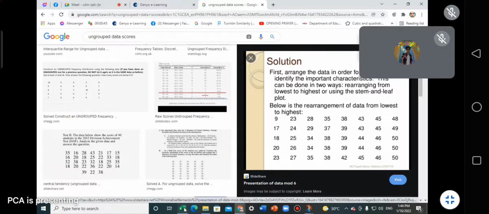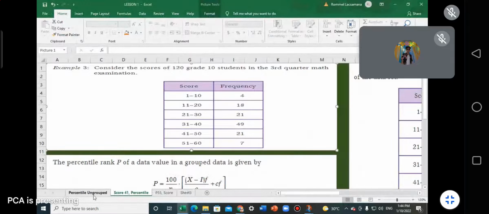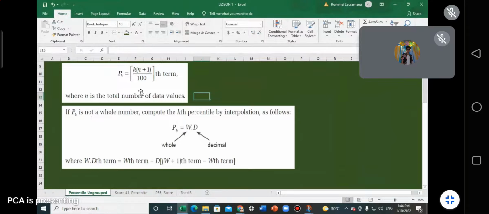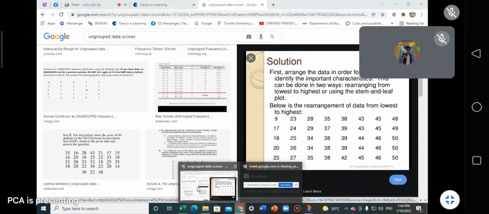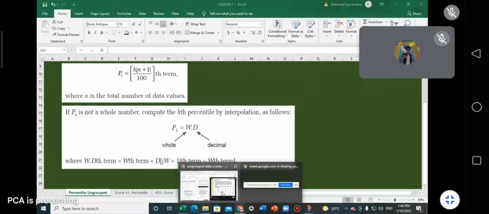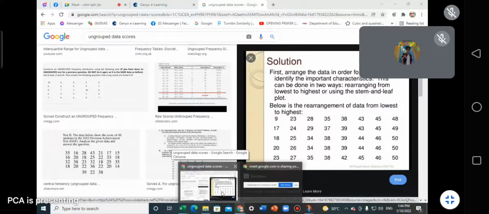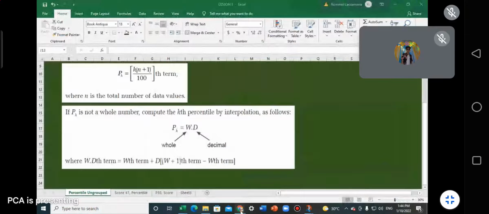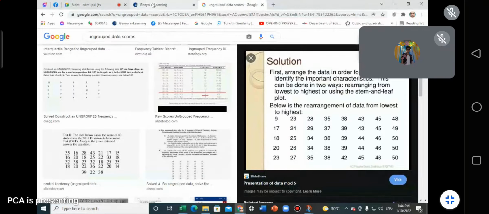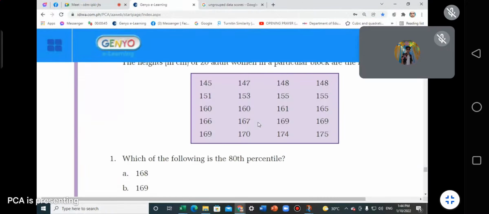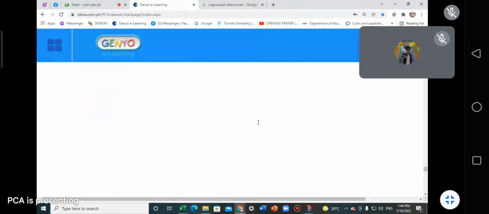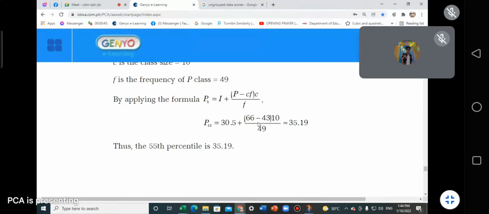Basically, for the ungrouped, let's recall again. For the ungrouped, you must arrange them from lowest to highest score. If you remember this sum there, again, I do not know if it is stated there.